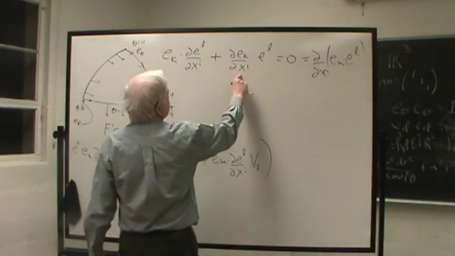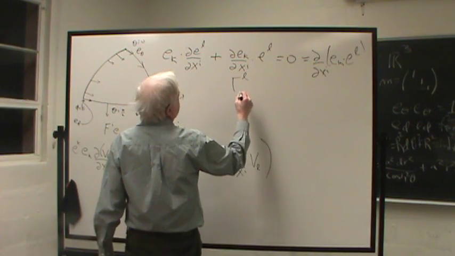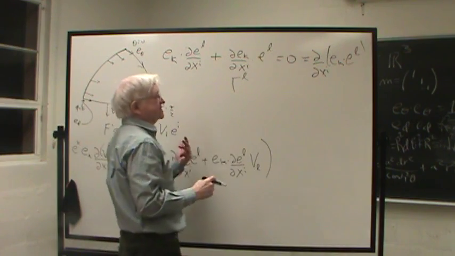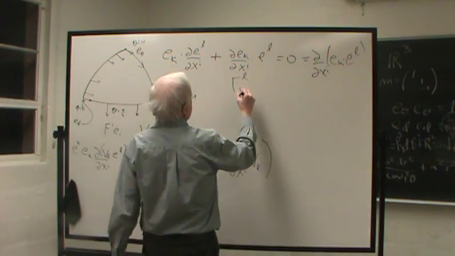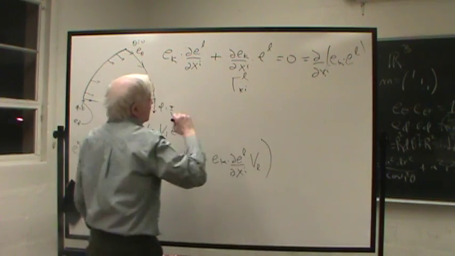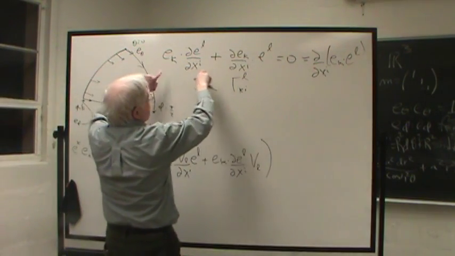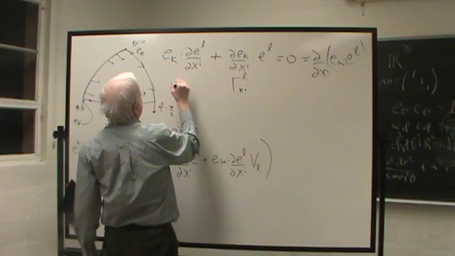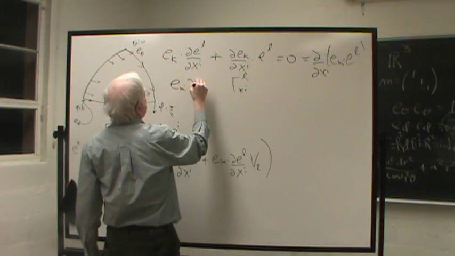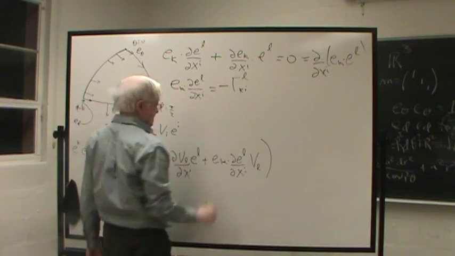All right, this thing is gamma L, and I never know whether it's Ki or Ik, but of course it doesn't matter. And so what this is telling us, since the sum of these two is 0, is that Ek dot partial EL partial XI is minus that.